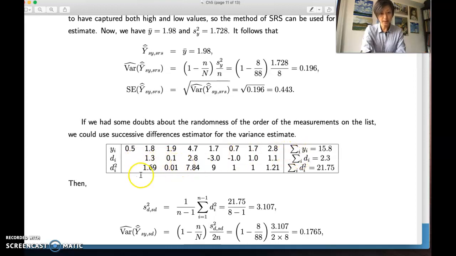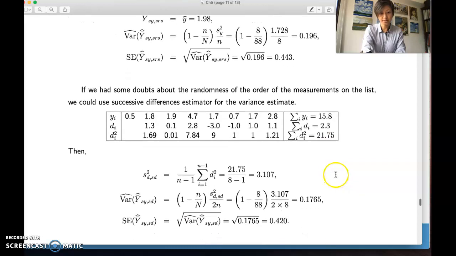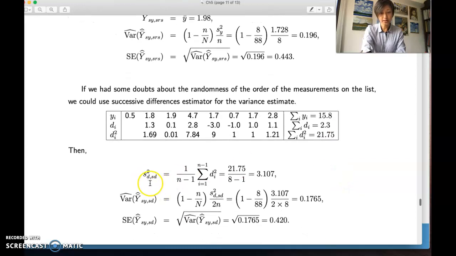Okay, and then we are interested in the di squared and the summation of the di squared, because sd squared using successive differences is indeed equal to the summation of di squared divided by n minus 1. We're using successive differences, so the number of differences we collected is n minus 1, which is 7. So we find sd squared equals 3.107.